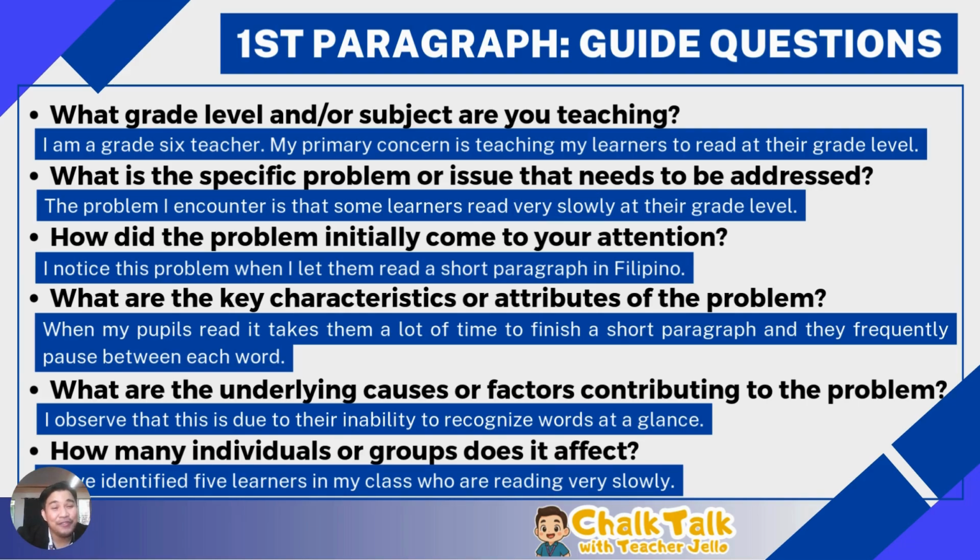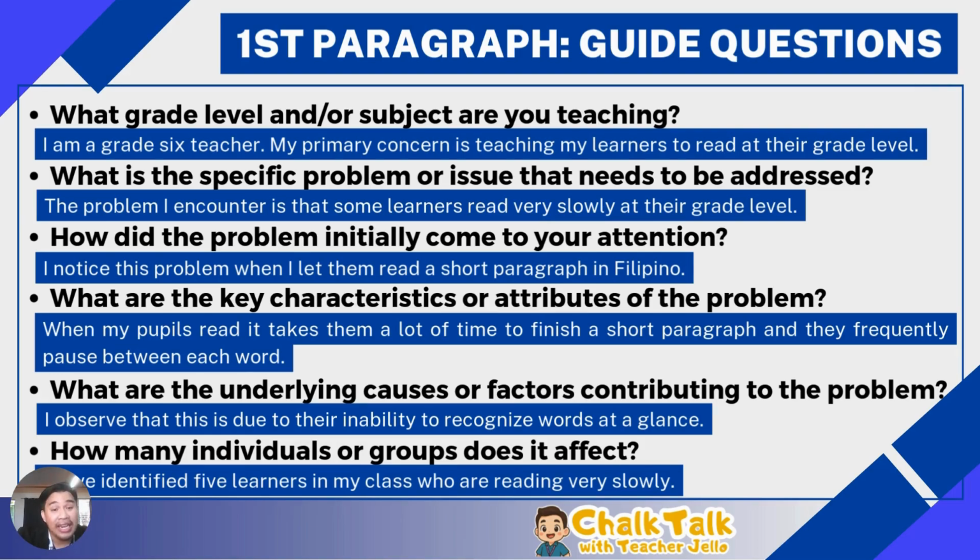Now, let's proceed to the fourth question. What are the key characteristics or attributes of the problem? When my pupils read, it takes them a lot of time to finish a short paragraph, and they frequently pause between each word. O ayun pala, sa pagbabasa nila, mahina talaga siya kasi paputol-putol, hindi tuloy-tuloy. Next question.